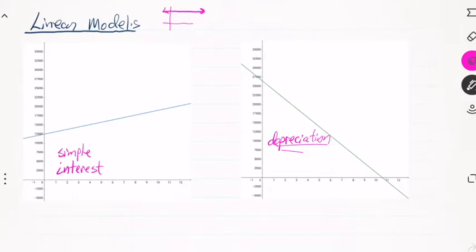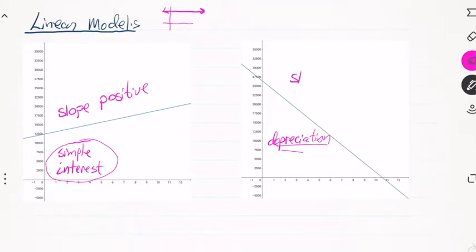So the graph on the left, the simple interest graph, your money is increasing as time goes by. We consider this to have a slope that is positive, and we can think of that as increasing. And then depreciation, you're losing money on your car every year.